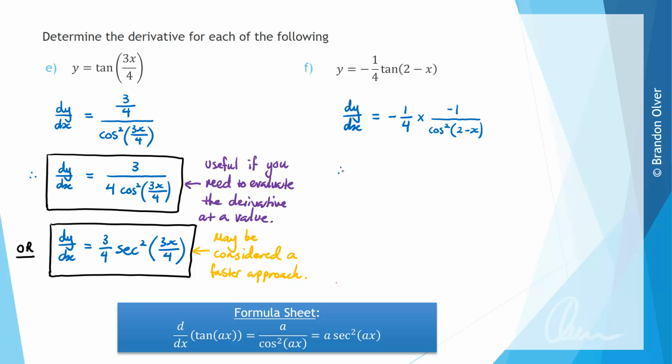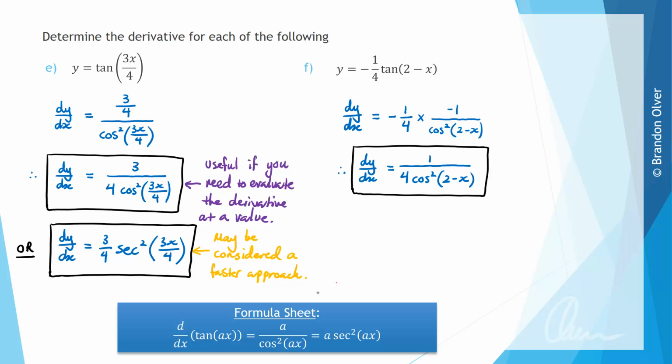And simplifying that down slightly, this would give dy dx is equal to, and the negative times the negative would give +1 on the top line, divided by, and on the bottom line we'd have 4 times cos squared of 2 subtract x. So that is one way we can express the derivative for part F of this example.